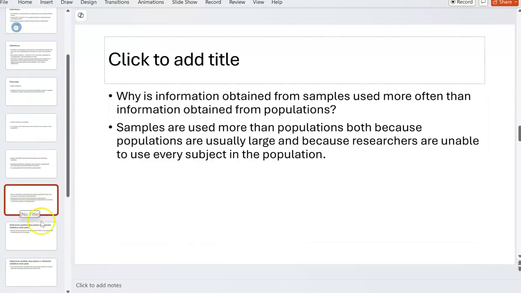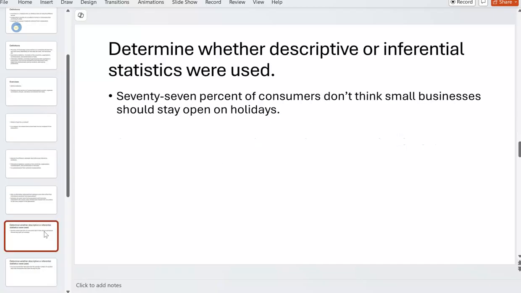All right, so some examples here. We need to determine whether descriptive or inferential statistics were used. Here it says 77% of consumers don't think small businesses should stay open on the holidays. For this one, this would be inferential.